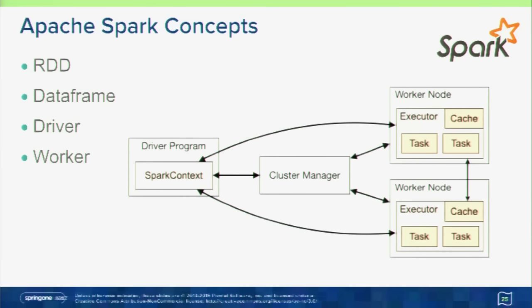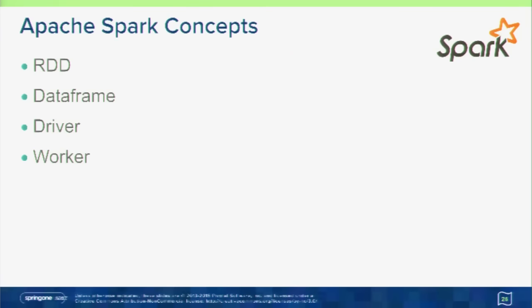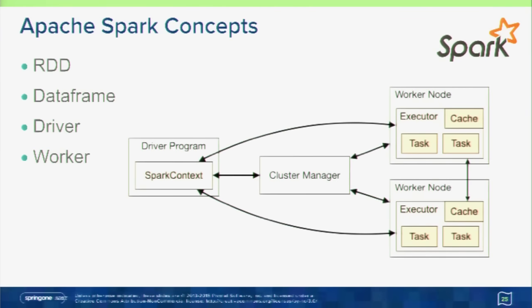Spark not only knows how to distribute and process them in parallel, it also knows how to rebuild all that data if it needs to. So if one of the nodes fails, it knows how to reconstruct that data that we call RDD and redistribute it to different nodes. In the same way that I'm storing data in GemFire, if I kill one of the nodes, the node restarts, and I redistribute that data.